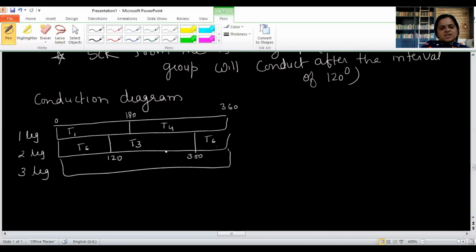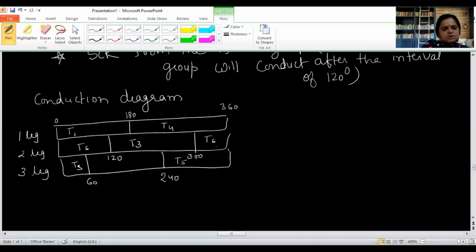Now the next SCR from the positive group, that is T5. T5 will start conducting at 240, and we add 180 to 240, which gives 420. So 420 means it will conduct up to 60.